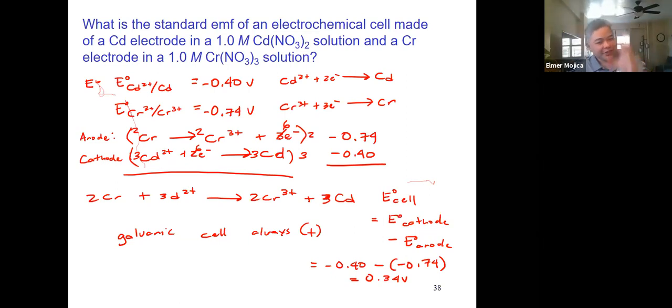What does it mean? If you're given a chemical equation, you don't need to follow the table. You follow which one is oxidized and which was reduced in the given equation. Now, if you're not given an equation, then you can use the table to determine which one is oxidized and which one is reduced. Are we clear on that?